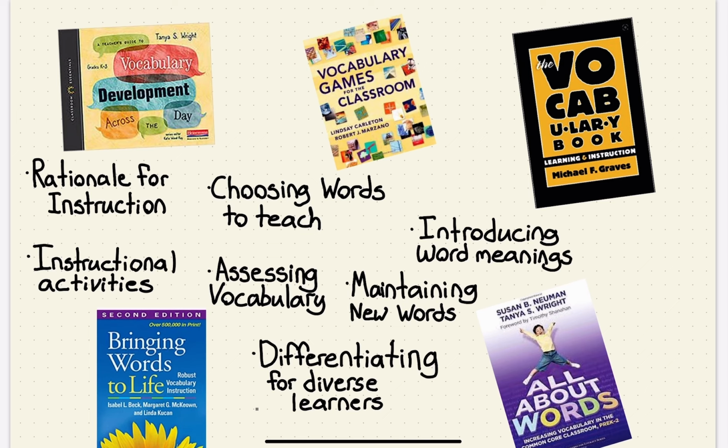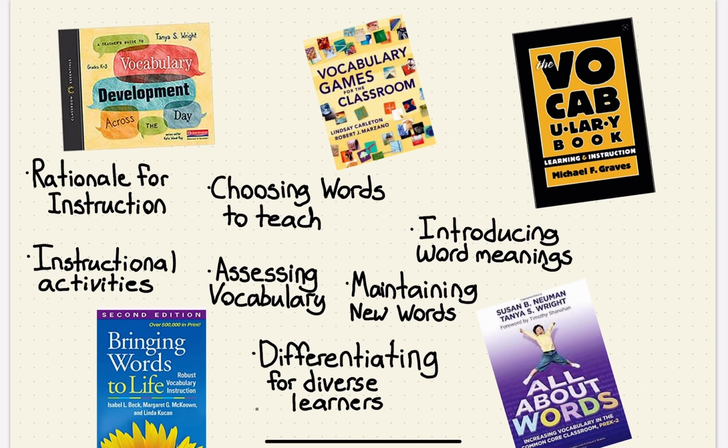You can use note cards for this. You can use Google Documents. Super easy with Google Documents because you can copy and paste information where it needs to be. But as I came across information for each of these categories, I put them in the right place. For instance, when I found rationale for why vocabulary instruction was important from each of these sources, I immediately wrote it down under that category.